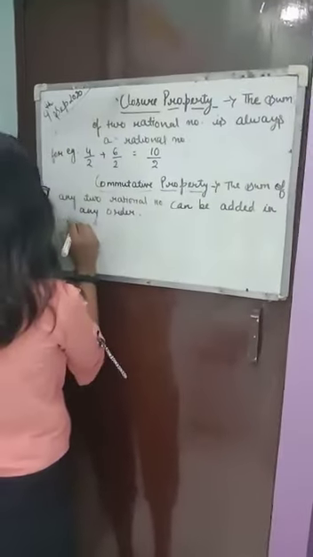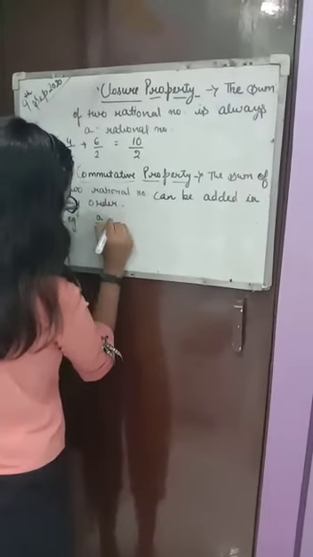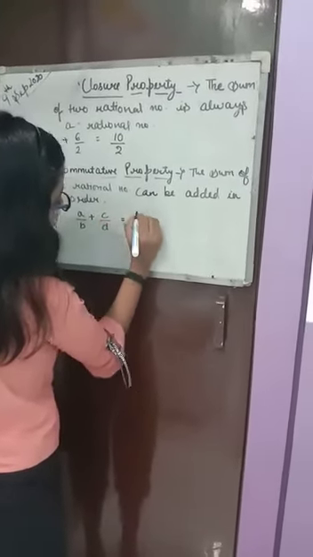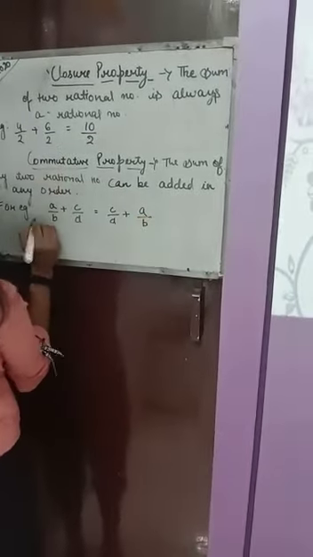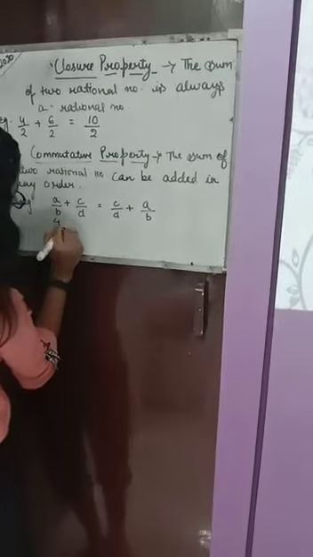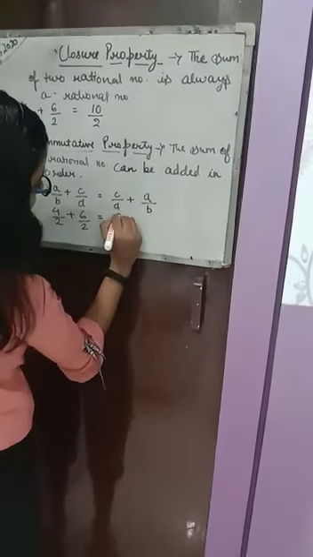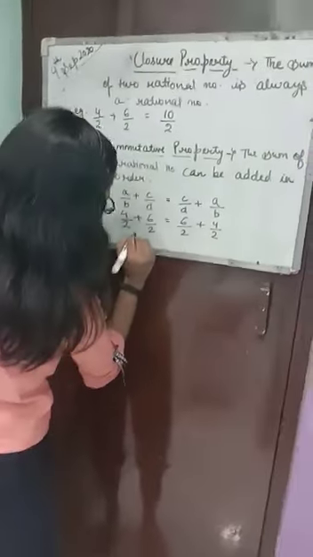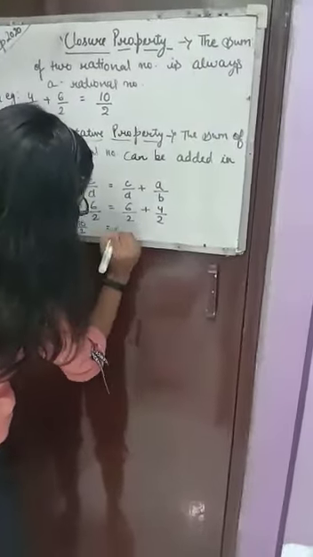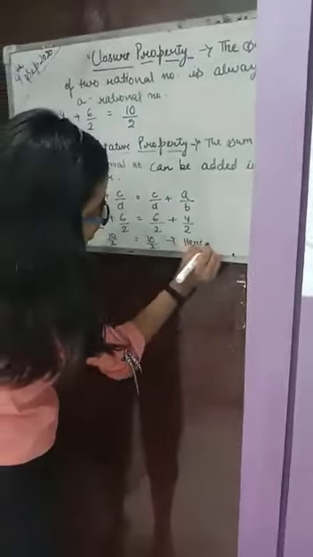For example, a by b plus c by d is equal to c by d plus a by b. A numeral example like 4 by 2 plus 6 by 2 is equal to 6 by 2 plus 4 by 2, which is 10 by 2 is equal to 10 by 2. Hence, proved.